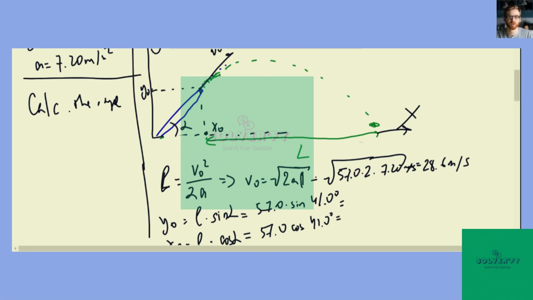Let's calculate these two numbers. The first one is 37.4 meters, and the second coordinate is 43.0 meters.